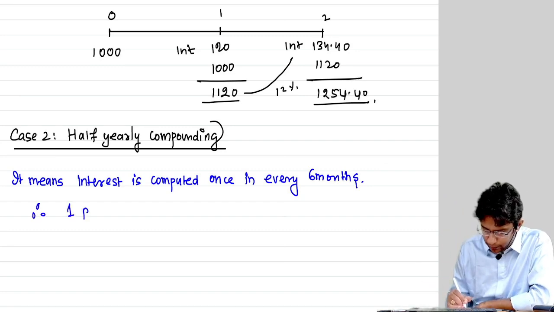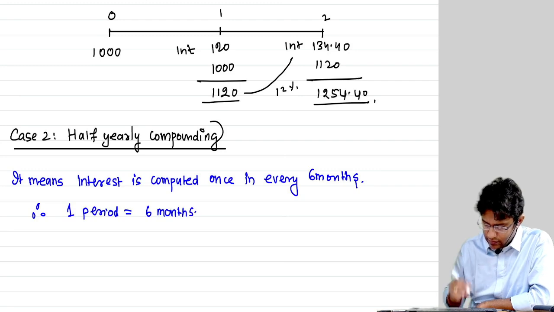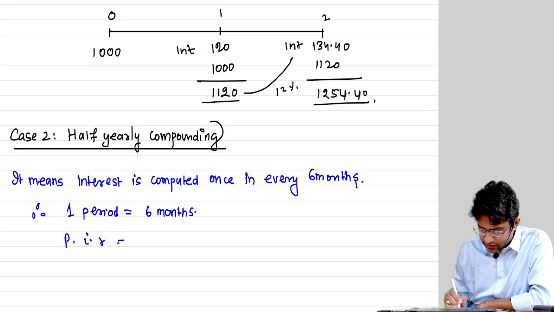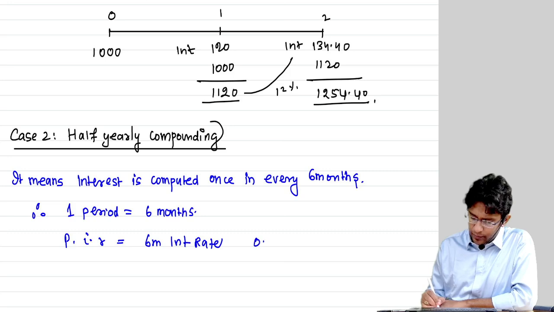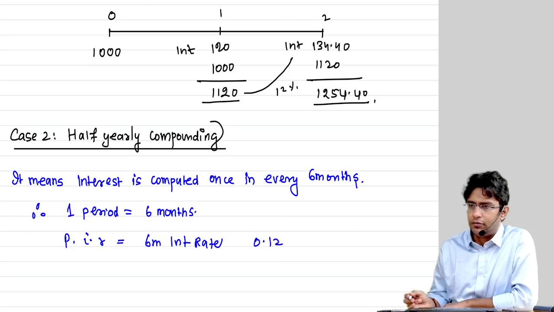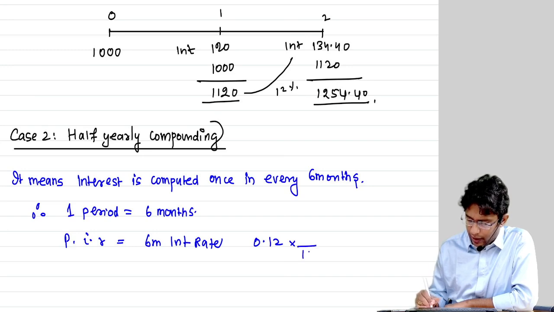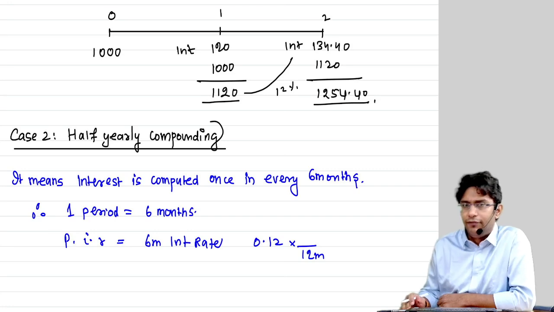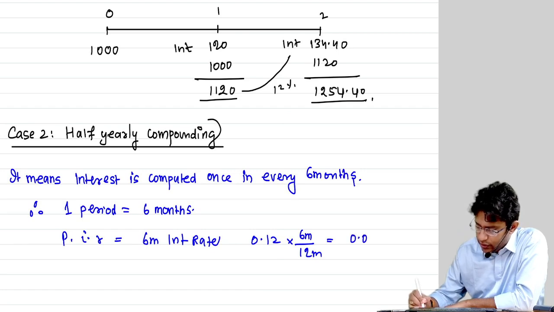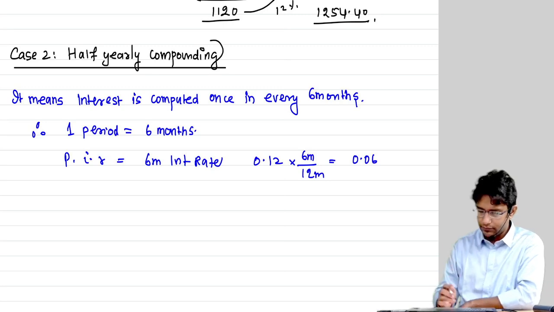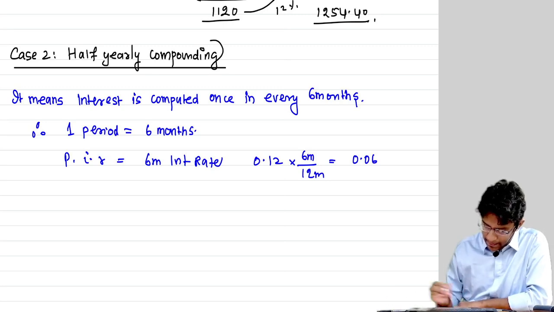Therefore, one period is equal to 6 months. And the periodic interest rate means the 6 months interest rate. Sir, how will you get the 6 month interest rate? 0.12 is how many months' interest rate? 12 months' interest rate. So what you do, divide by 12. 0.12 divided by 12 will give you the 1 month interest rate. I want the 6 months interest rate, so multiply by 6. That's it, 0.06.